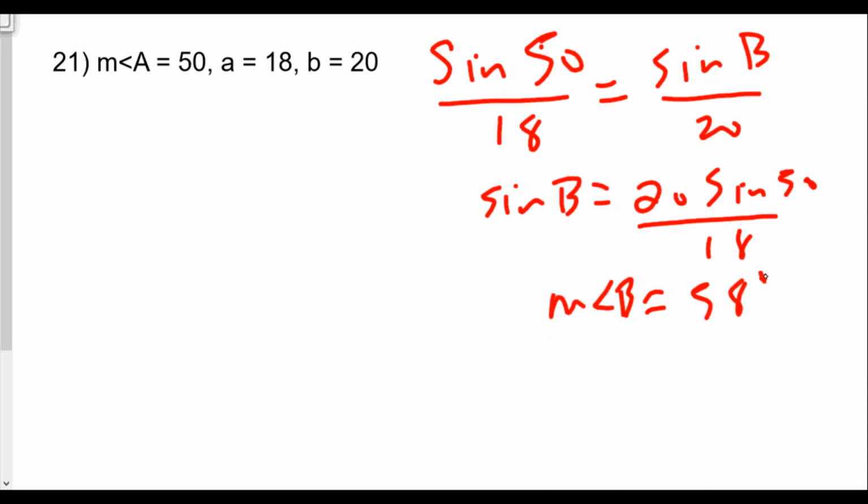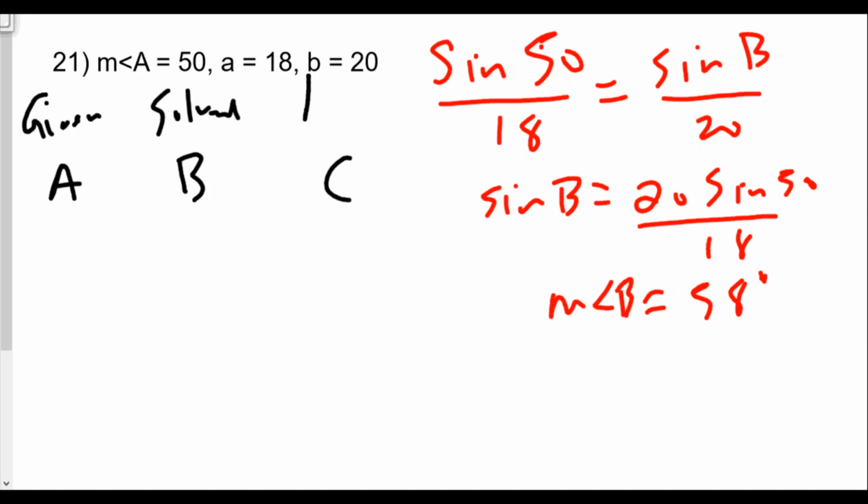Now we make our table. Remember I said before, we have an ambiguous case, we'll figure out how many different triangles there are using our table. And so we know the measure of angle A is 50, B is what we solve for, and C is left over. So given, solved, left over.